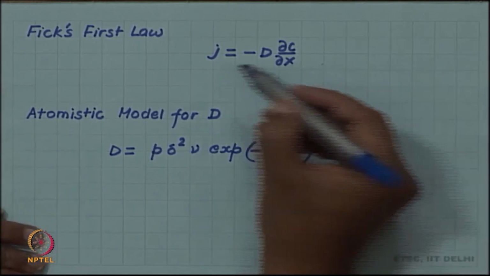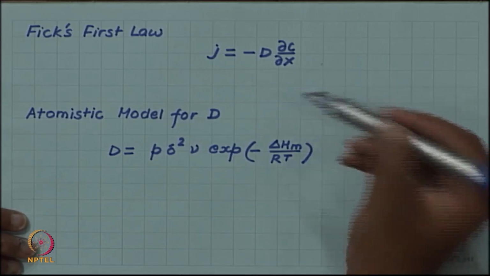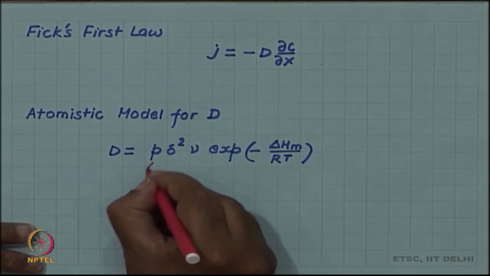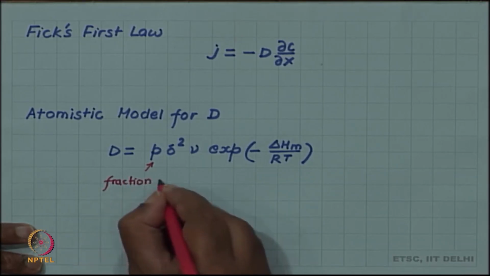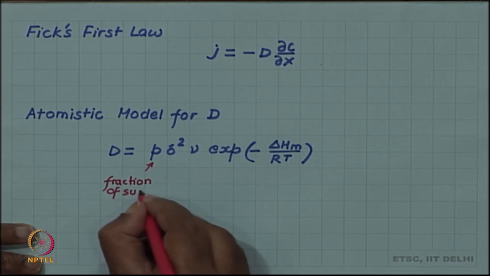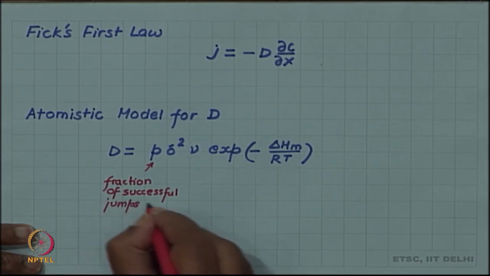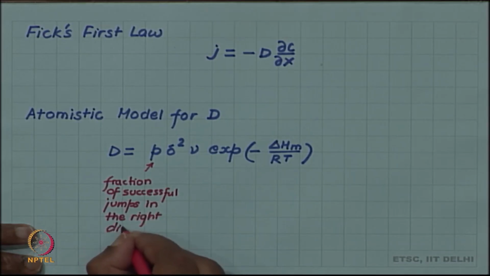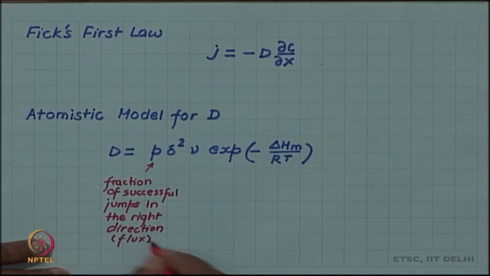So, for example, we essentially derived Fick's first law on the basis of random atomic jumps, and then we could show that the diffusivity can be written in terms of atomic parameters, where this P is the fraction of successful jumps in the right direction, or in the diffusion direction, or in the direction of the flux.